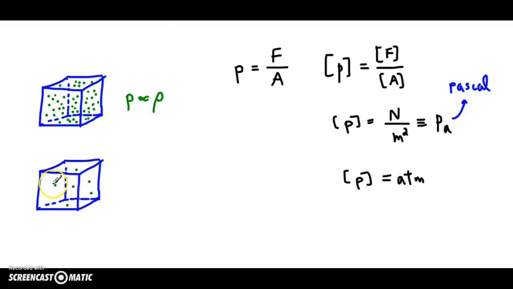There's another thing you can do to increase the pressure. Instead of having these molecules move at a relatively slower speed, get them going really fast. And they all go in random directions, right? There's as many moving up as down, as many going left as right, and so forth. All random directions. If you speed them up, then now what are you doing?